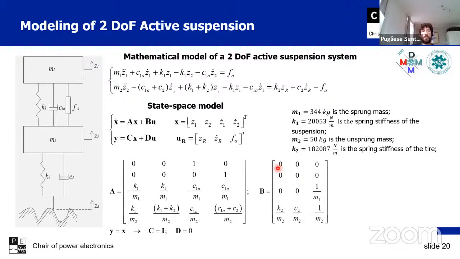With the state space model, we can represent, of course, I'm neglecting all the nonlinearity of the system, so I'm doing a really simplified model of a quarter of a car, but I can model my car quite well, even using some software which is suitable for power system level.